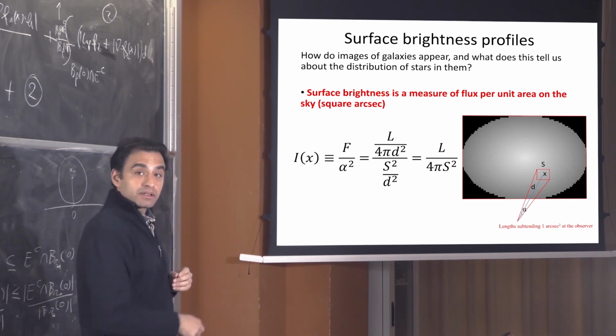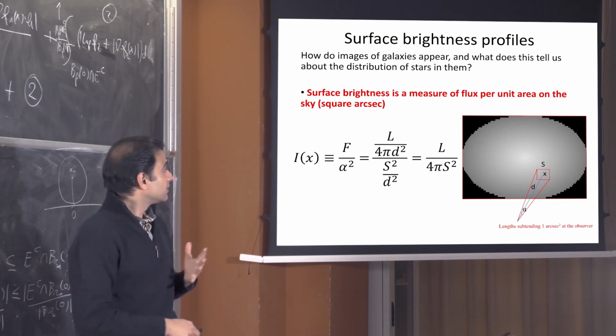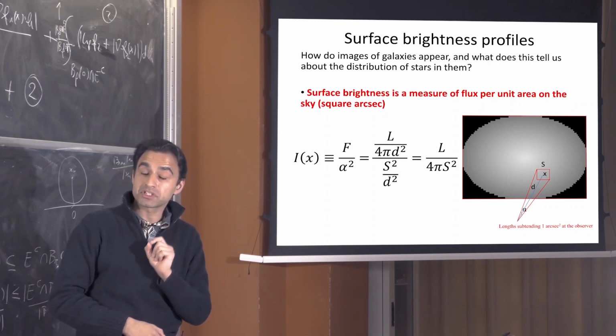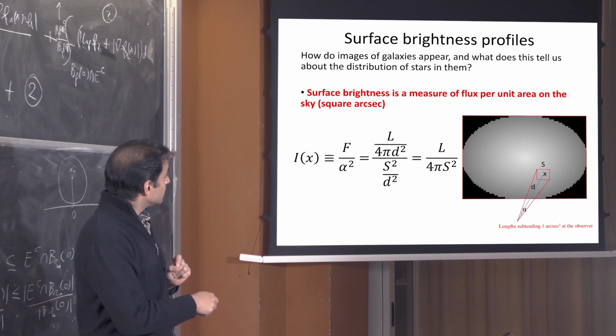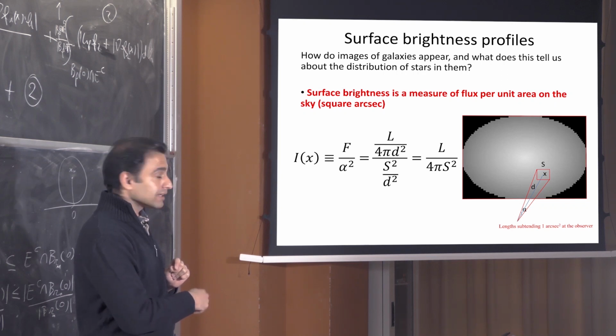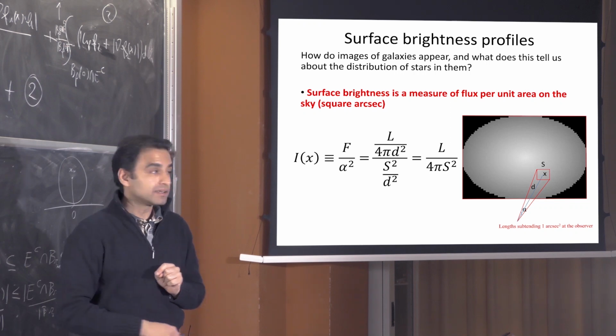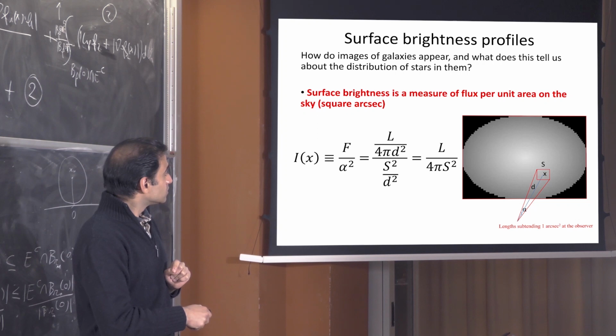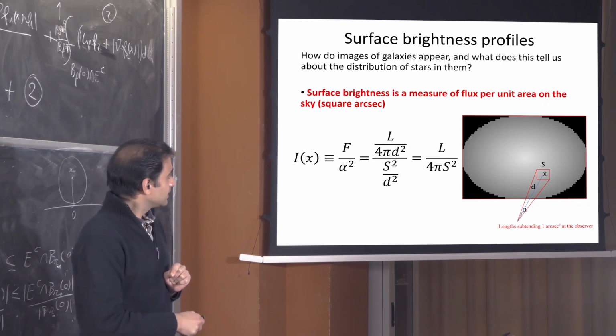The solid angle, alpha square, is, from trigonometry we know, S divided by d, squared. This is the small angle approximation. And now, if you rearrange this, you divide by d square, you get that the intensity of the light at a given position x is equal to the total luminosity of the galaxy divided by 4 pi s square.